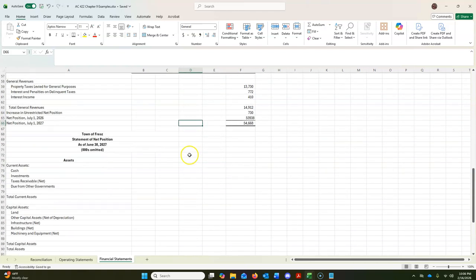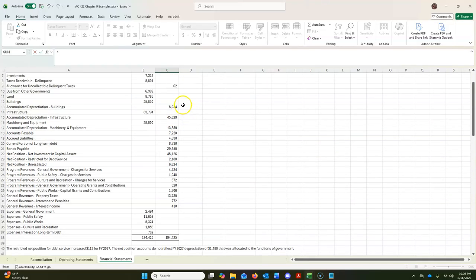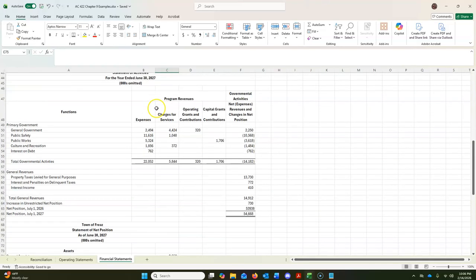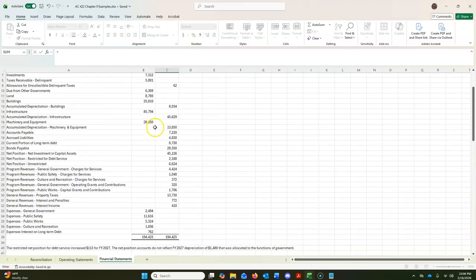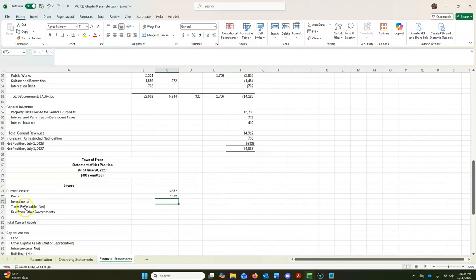Okay, next I'm going to look at the statement of net position, also working off of this trial balance. Okay, so I have cash, investments, so we're going to bring down the amount of cash. And then I have investments. And then this says taxes receivable net.